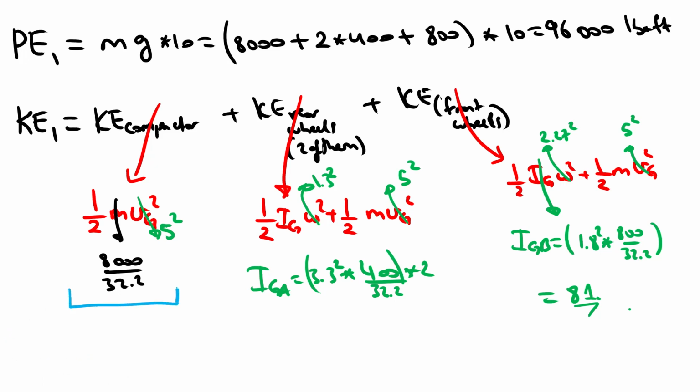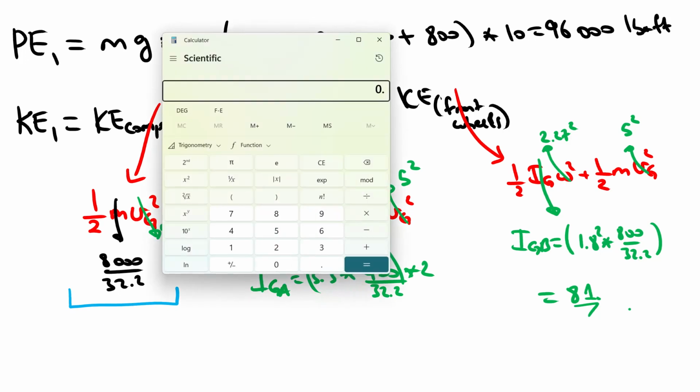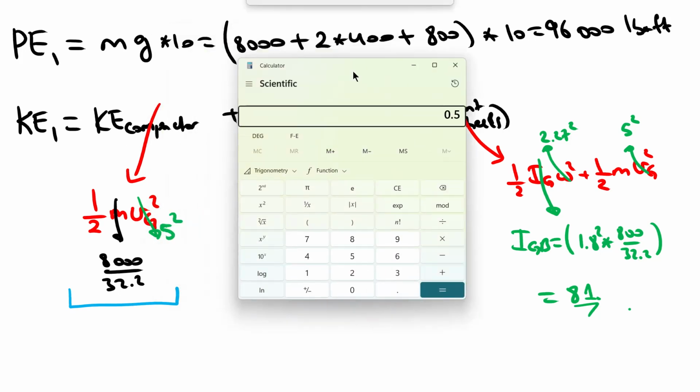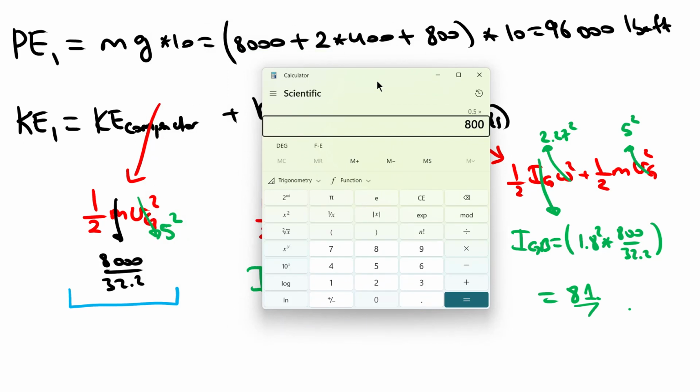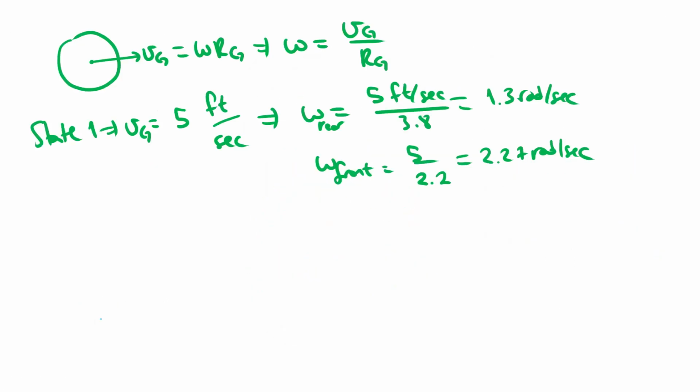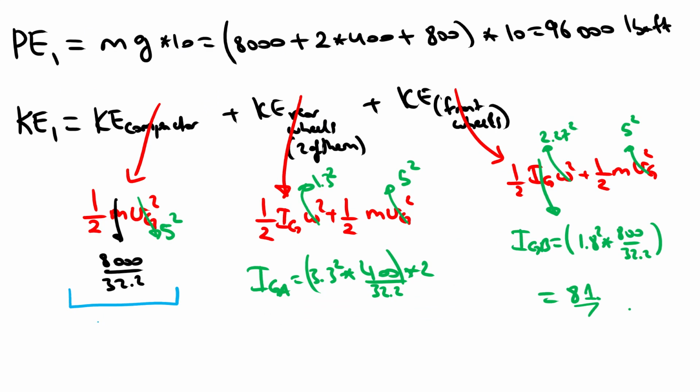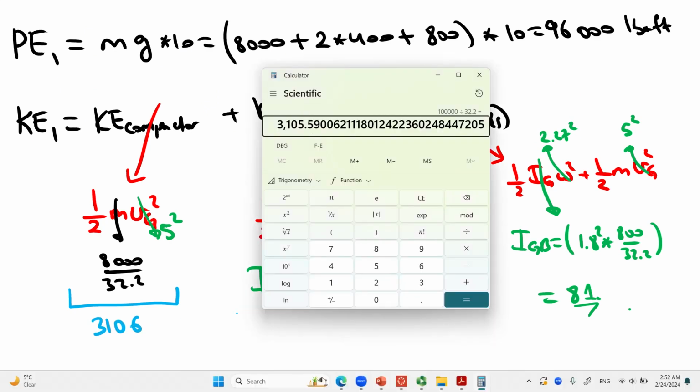So the first one is 0.5 times 8,000 times 25 divided by 32.2. So the first term makes 3106.